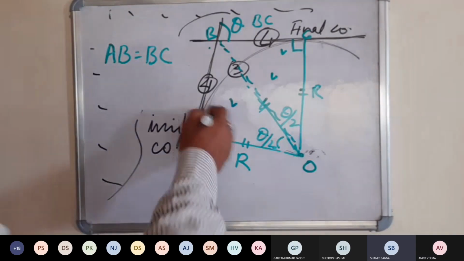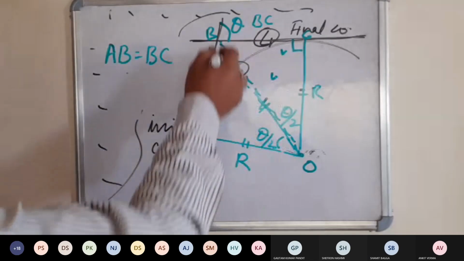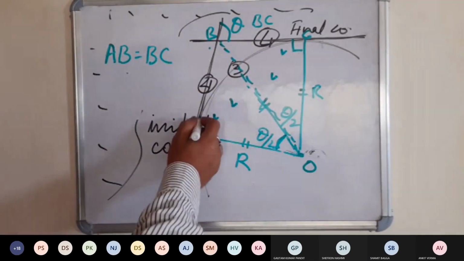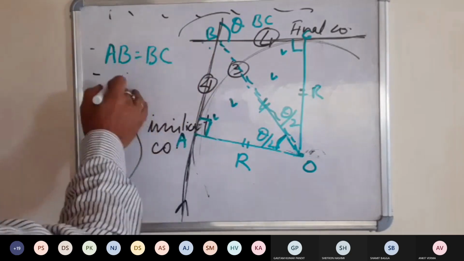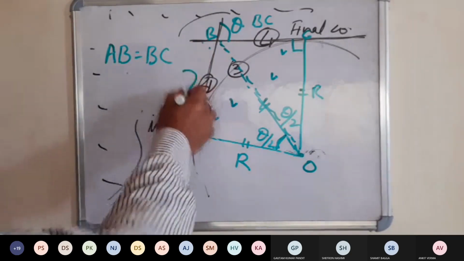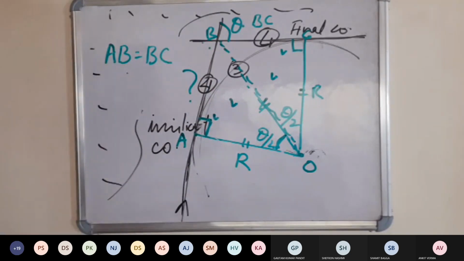So in this triangle, how do we find out the value of AB, BC, which is equal? In this, we know that this is theta by 2. It is a right angle triangle. Tell me the value of AB. Sir, R theta.